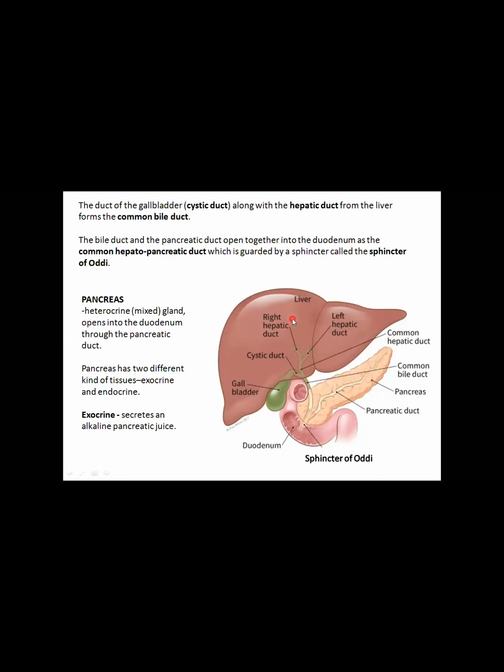Let me explain once again. Liver is divided into two lobes, right and left. The ducts arising from the liver are known as hepatic ducts. The voice is breaking, is it not able to understand?